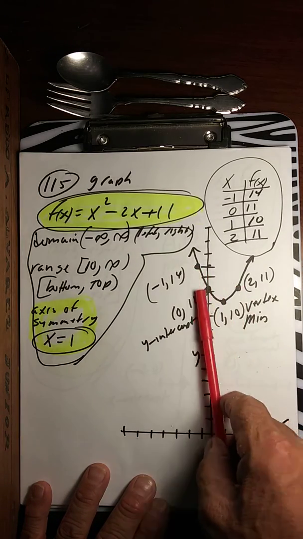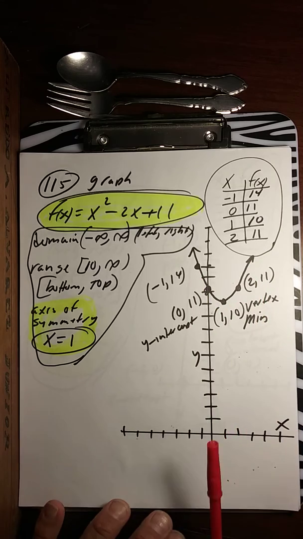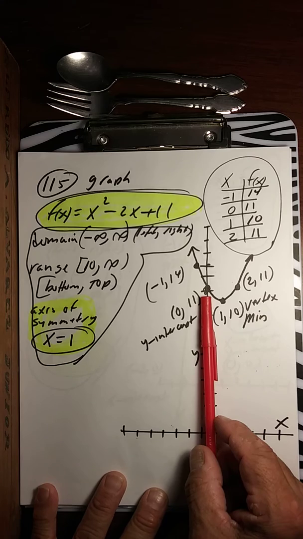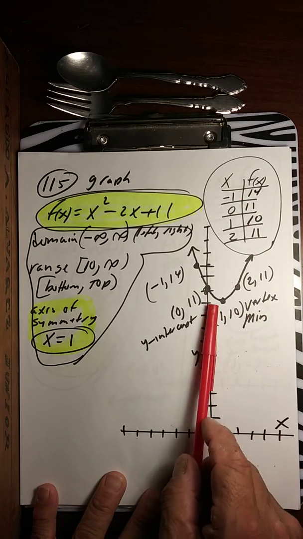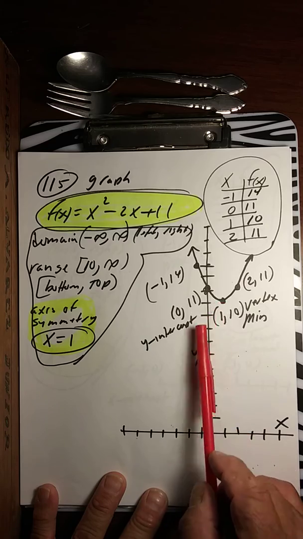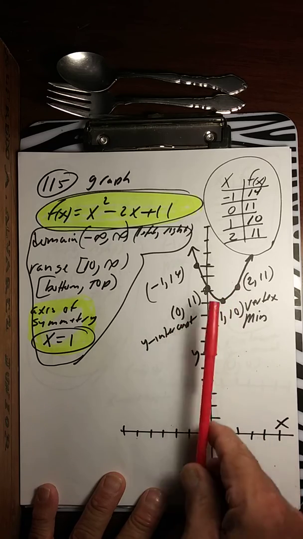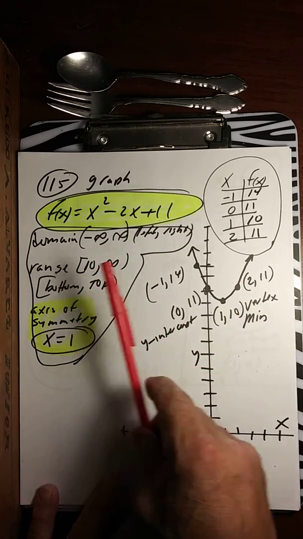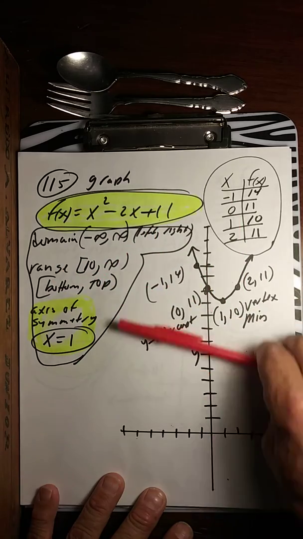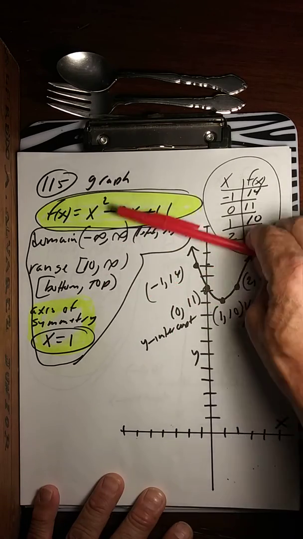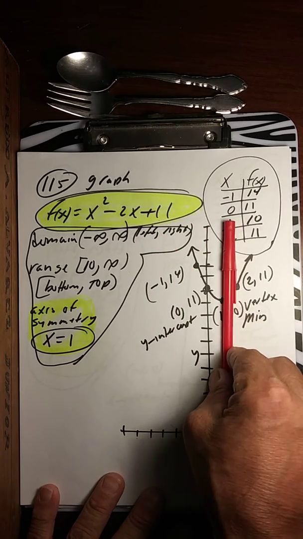So, this time the graph is up here. So we have vertex 1, 10 and some other points. So now y-intercept is right there, vertex is right there. So the domain is negative infinity to infinity. Range is from where? From 10 to infinity. Axis of symmetry is right there. X equals what? 1.